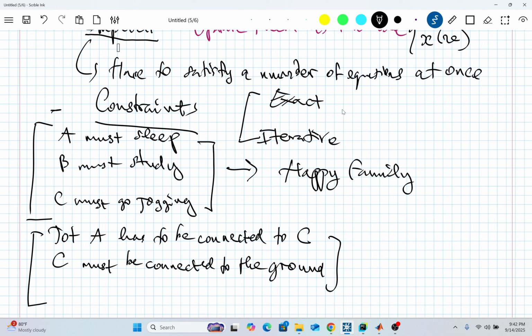An example of an exact solver is the Gauss elimination. You can search for this on Google, okay? And the second one will be Jacobi solver.